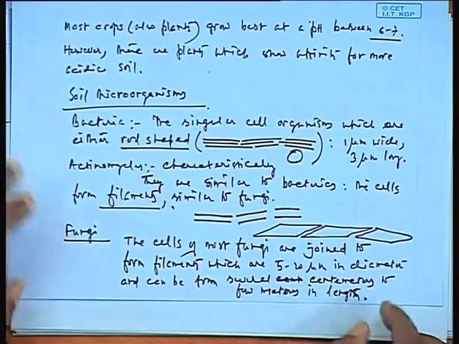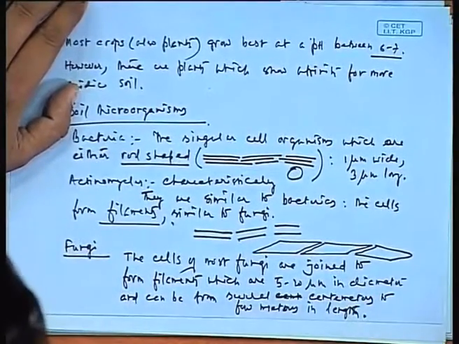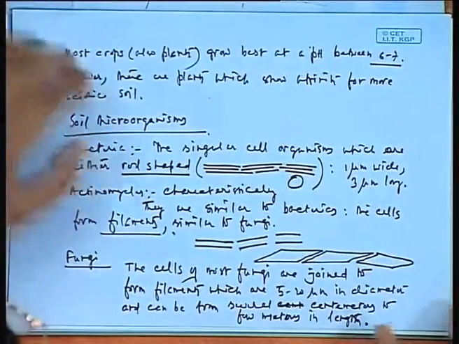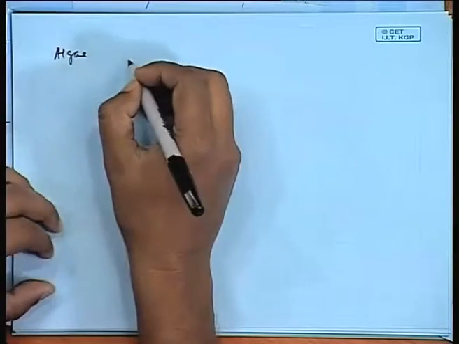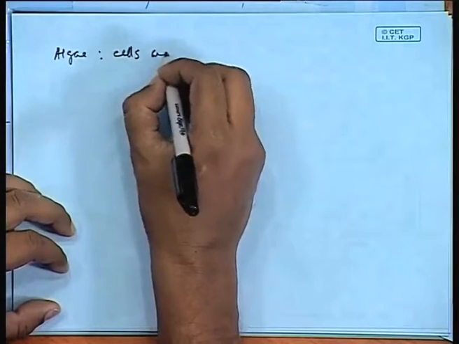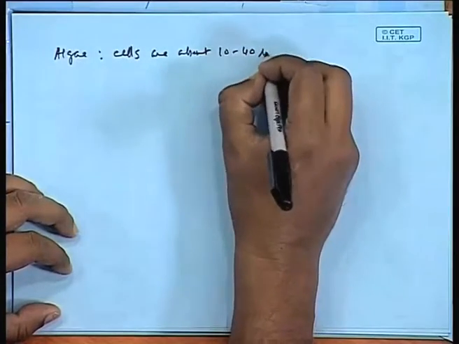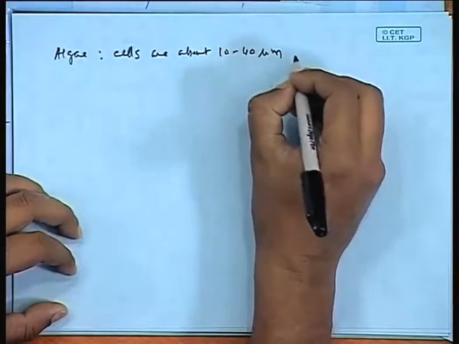This is fungi. That's a typical fungi. There are many kinds of these mushrooms that you have seen. These mushrooms are essentially fungi. Apart from that, there are a few more. These are called algae. The cells are about 10 to 40 micrometer in diameter.